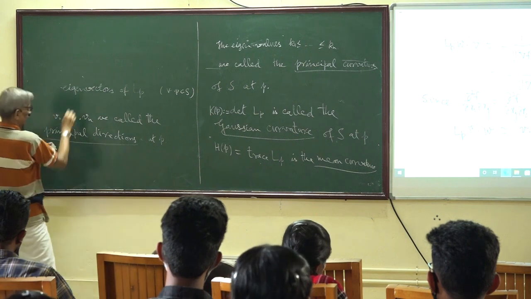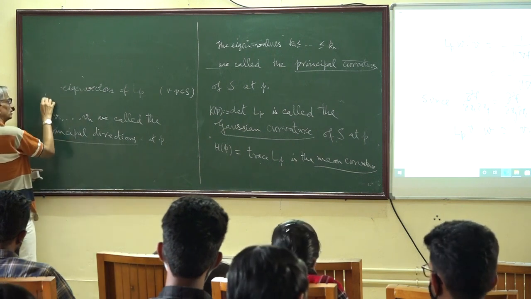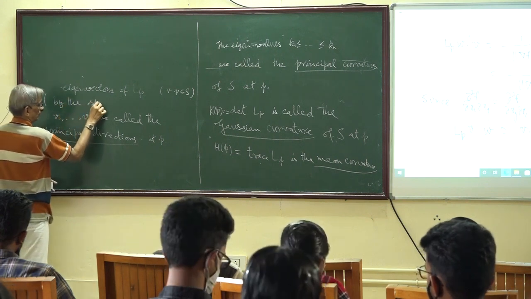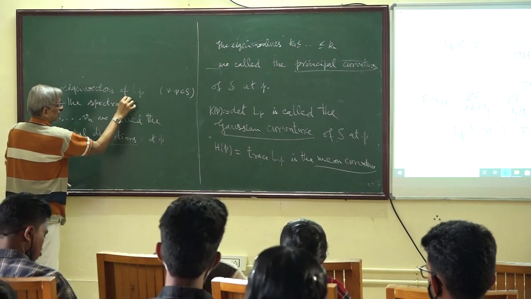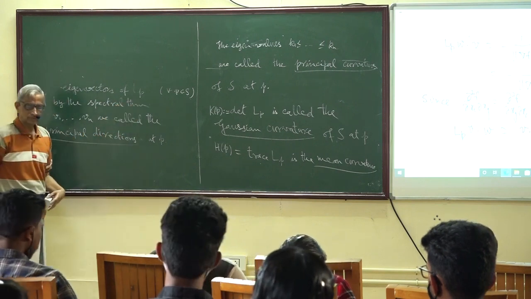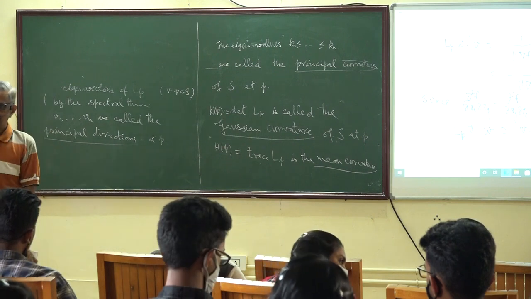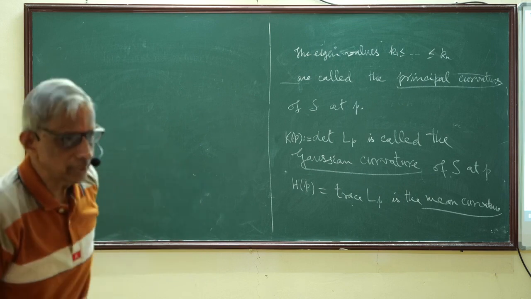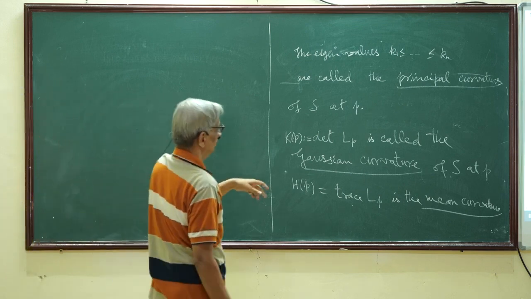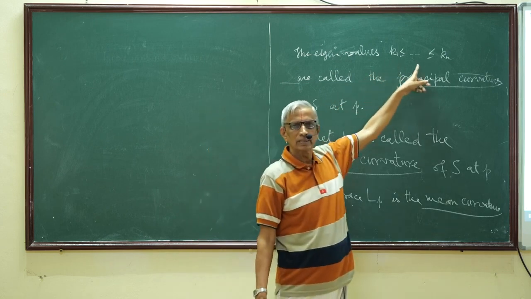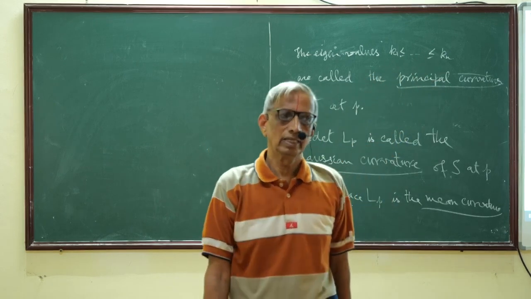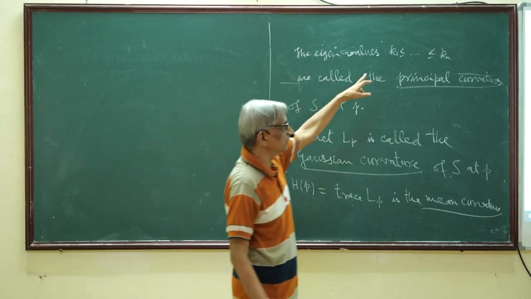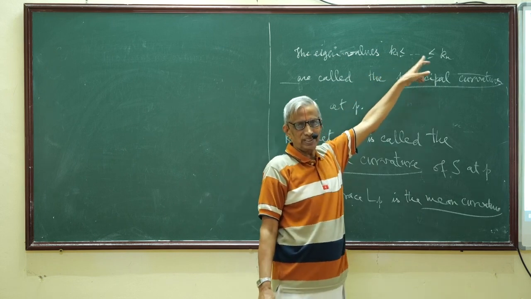Oh, by the way, the corollary follows by the spectral theorem, right? For self-adjoint operators on a finite dimensional space. So what is K_P? It's just the product of the eigenvalues. Of course, each of these is a function of P: k_1(P), k_2(P), k_n(P).